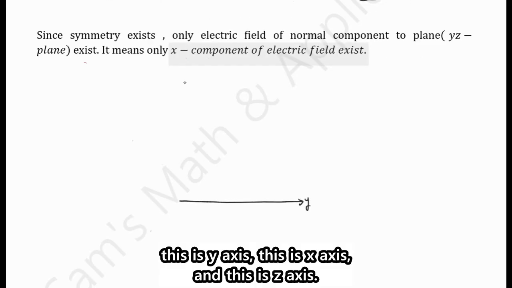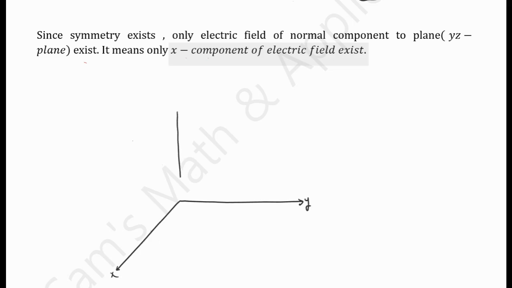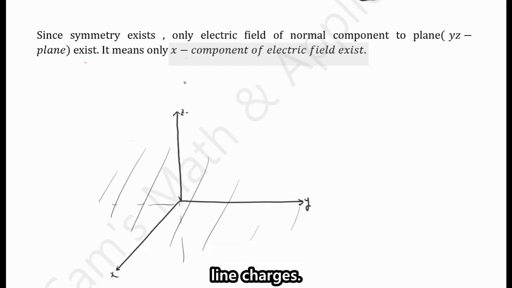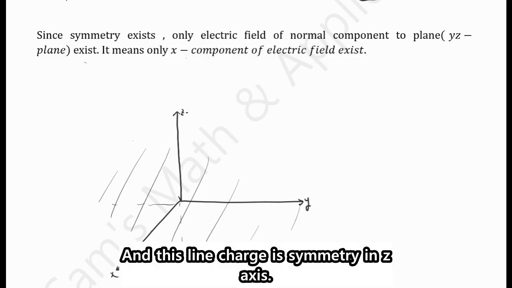This is the Y axis, this is the X axis, and this is the Z axis. The charge is located on the YZ plane, and the YZ plane consists of many line charges.